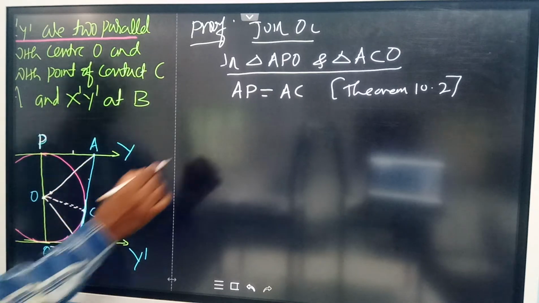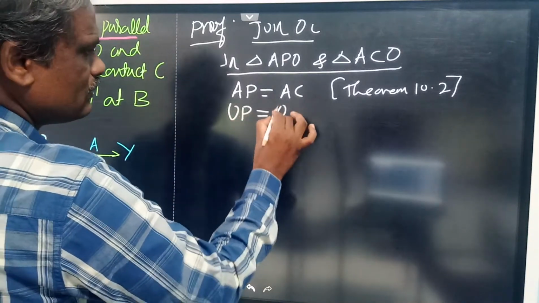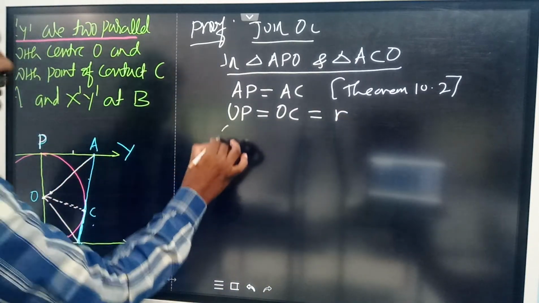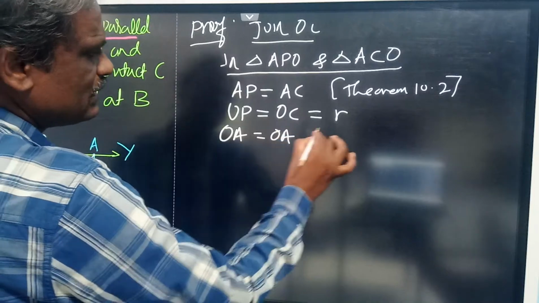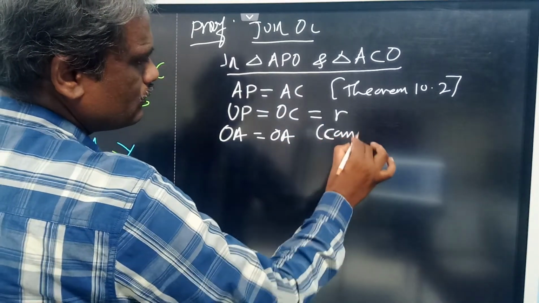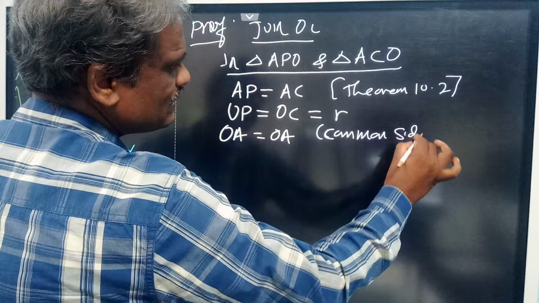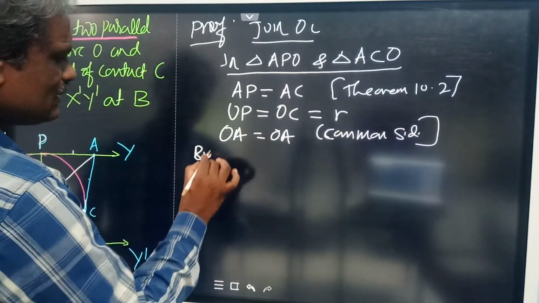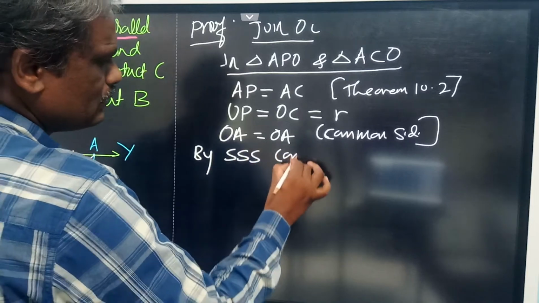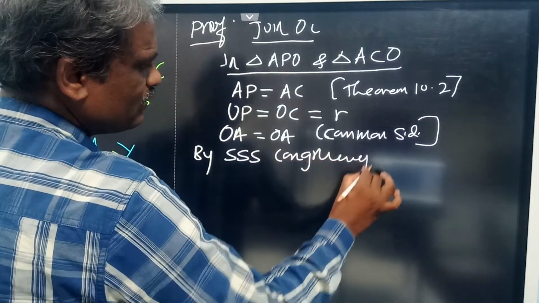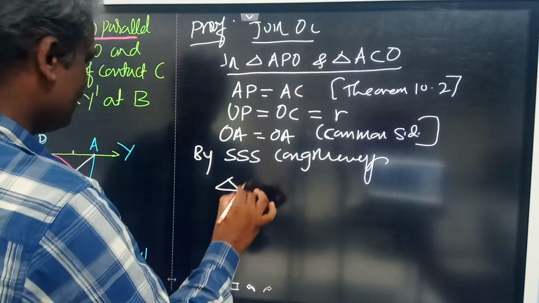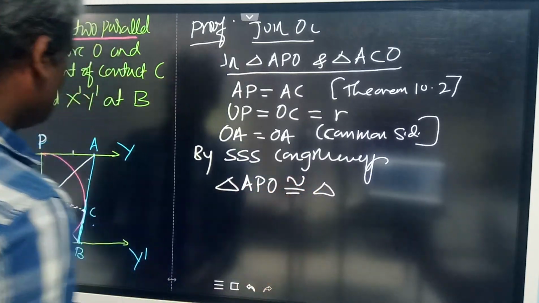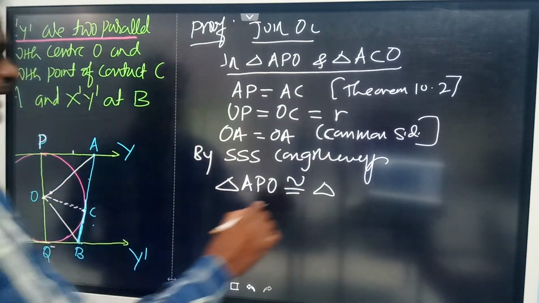OP is equal to OC, the radius, both are equal to radius R. And OA is equal to OA, so it's a common side to both the triangles. Therefore, by SSS congruency, triangle APO is congruent to triangle ACO.